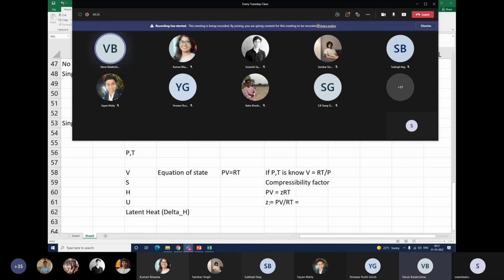Sir, I guess it'll be a polynomial in pressure. Polynomial in pressure or polynomial in volume? Yes, both, depending on the requirement. This can be expressed as a polynomial of pressure or a polynomial of volume. We can do it both ways.